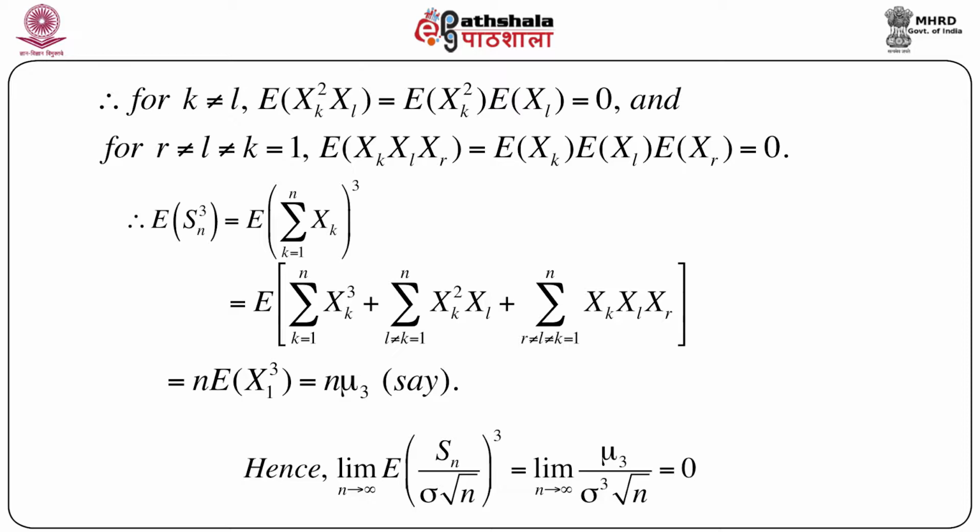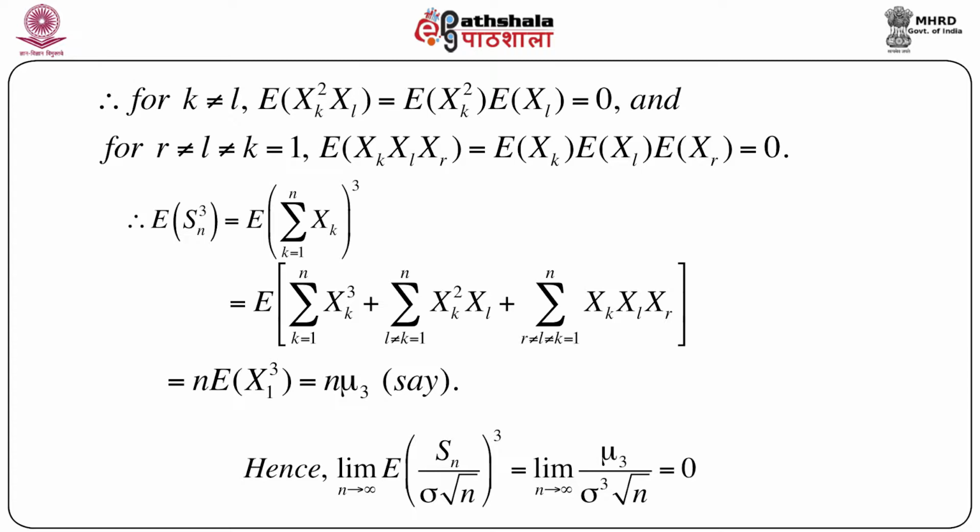So if we take the expectation on both sides, the second and third terms contribute exactly 0. So expectation of Sn cube equals expectation of the summation k equals 1 to n of xk, whole cube. If we expand this, only the first term remains, that is the expectation of the summation of xk cube, k equals 1 to n.